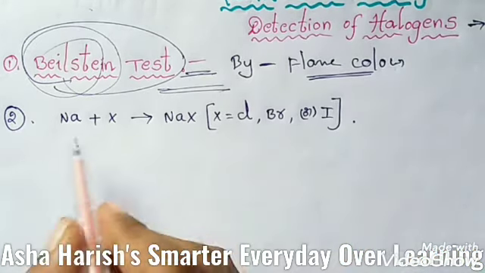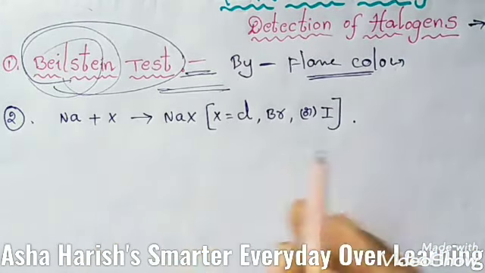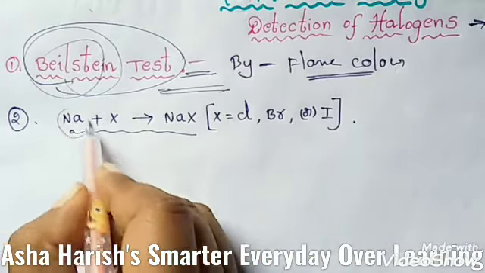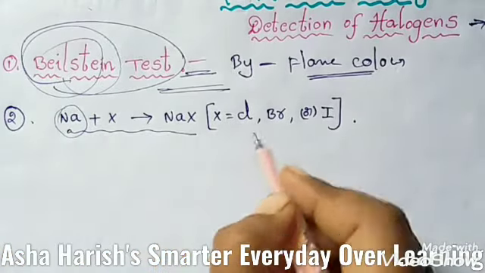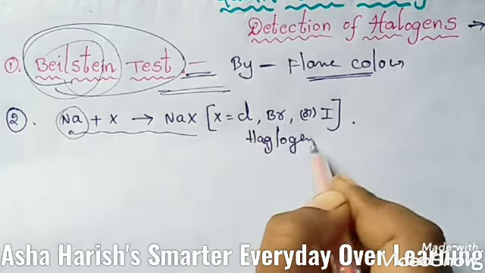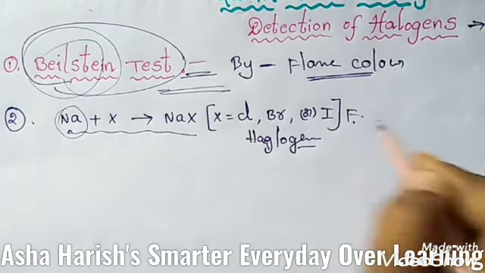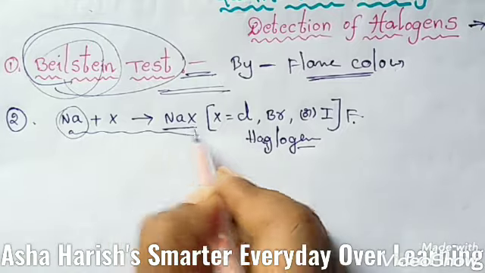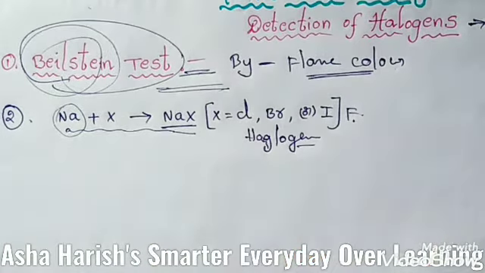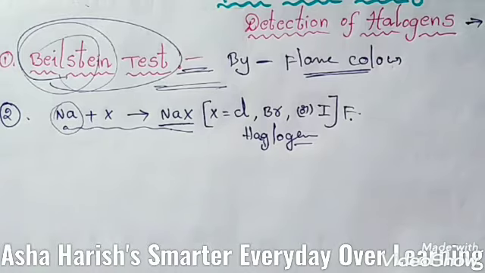Now let's see, just by using that Lassaigne extract, what we have to do. This is the main basic equation for this sodium metal. If you add the halogens, chlorine, bromine, iodine and fluorine also, then NaX, sodium halide, will form. Now, test for halogens.